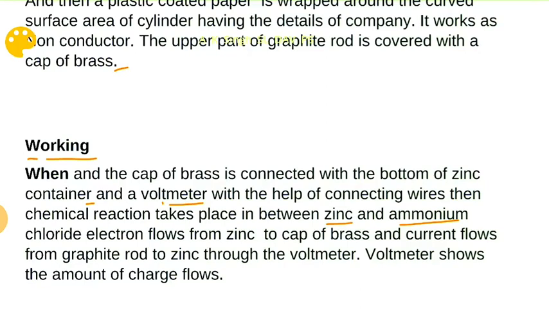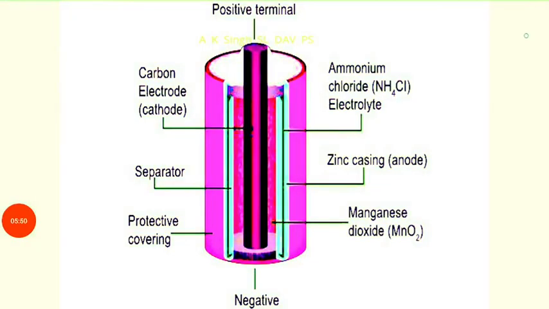Now see the diagram of the battery. It clearly indicates that it is a dry cell used in torch or radios. What happens? There is a container of zinc, meaning the outer surface in pink color indicates the zinc container, and the central part consists of a rod.